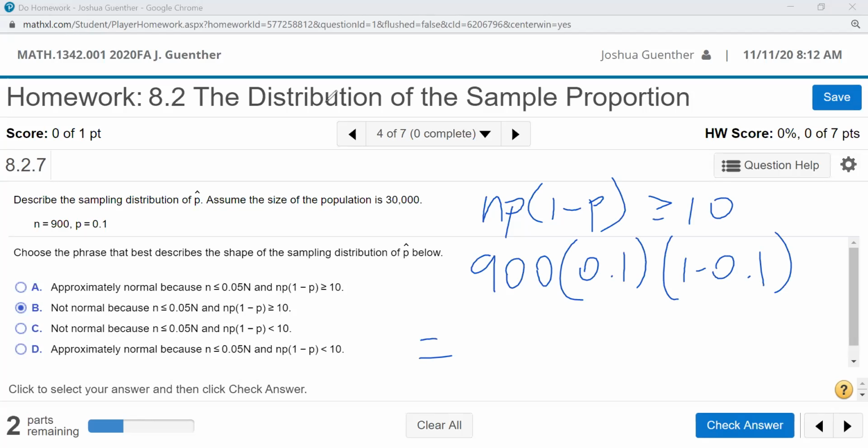You can bust all that into a calculator: 900, open parenthesis, 0.1, close parenthesis, open another parenthesis, 1 minus 0.1, close parenthesis. You'll get 90 times 0.9, which is 81, which is surely greater than or equal to 10. So you get my seal of approval that the first normality assumption is checked.